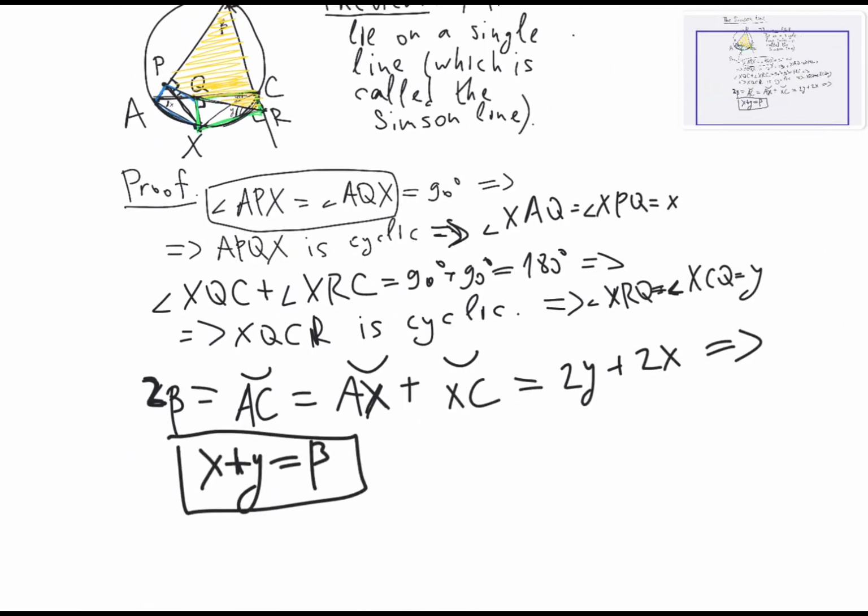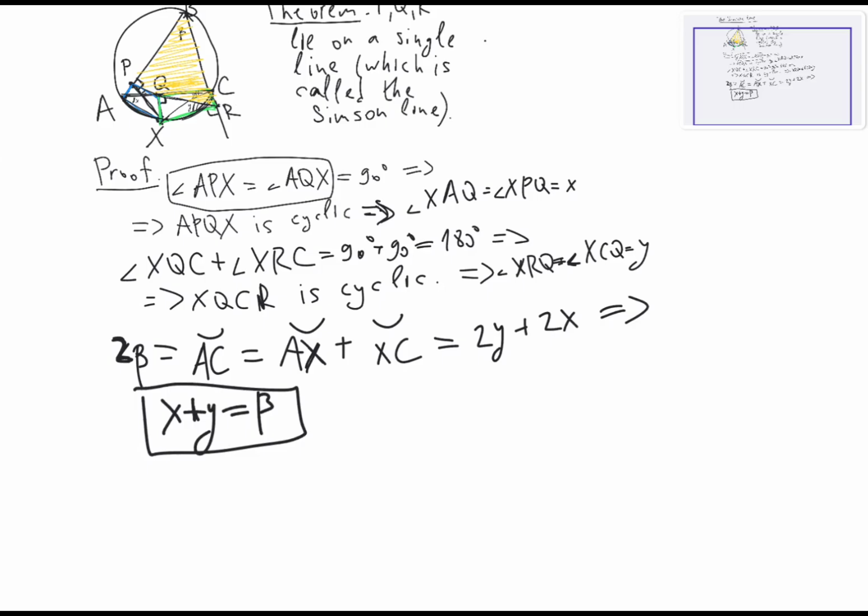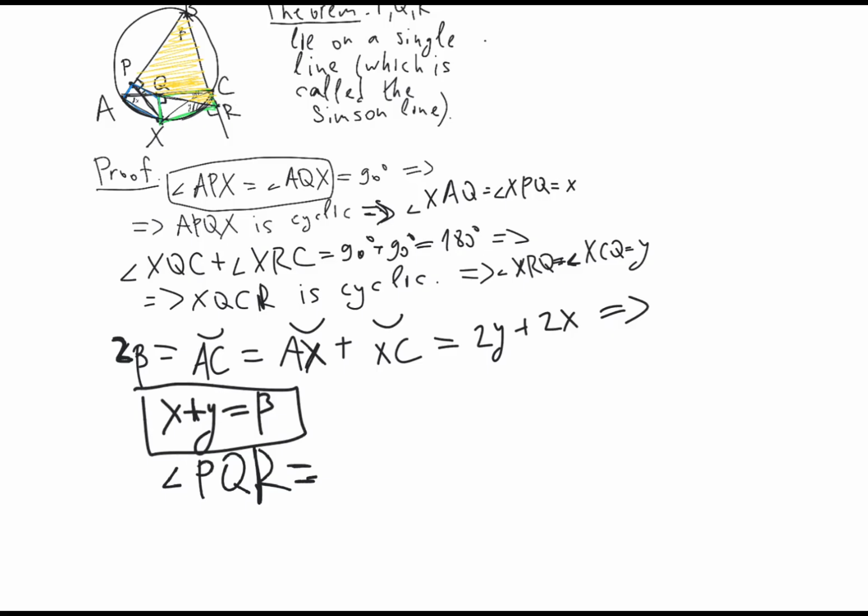The angle PQR can be expressed as 360 minus the three other angles of this quadrilateral.